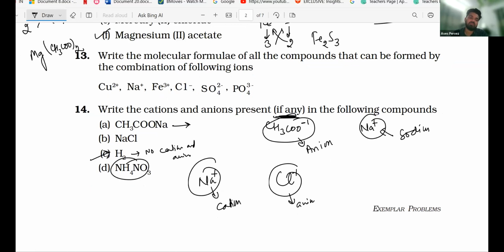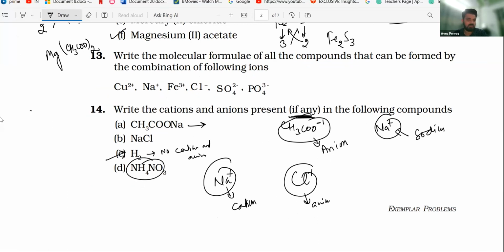Yes, Rumaisa, were you saying something? Yes, sir. NH4 is the cation and NO3 is the anion. Abdul Jabbar, is it correct? Yes, sir. Avni, is it correct?